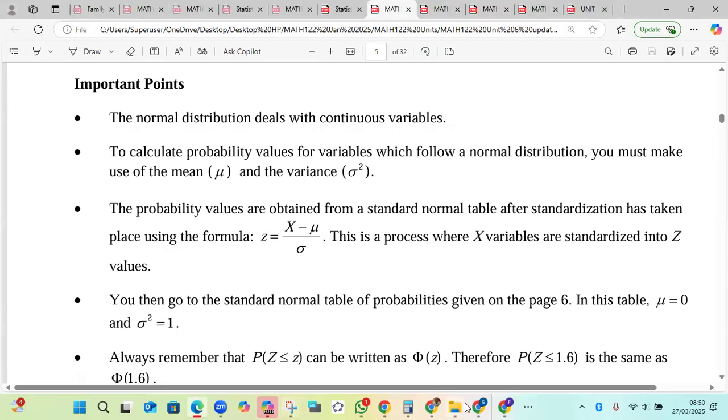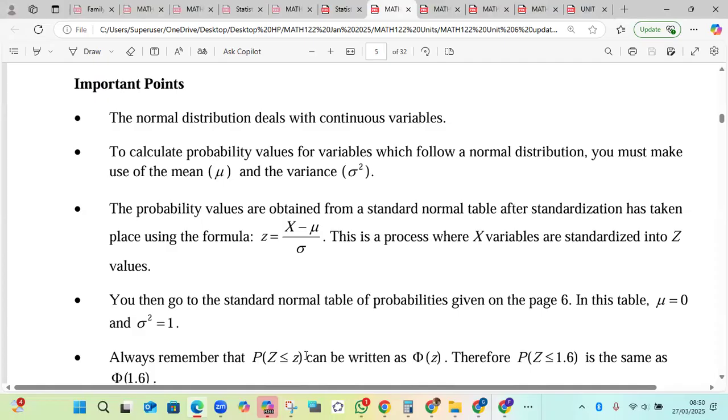You always remember that P of Z less than or equal to z can be written as phi of z. So phi of z is just another shortcut notation for P of Z less than or equal to z. Apparently, the statisticians don't like to write too much for a particular concept. So instead of writing P of Z less than or equal to z, you just write phi of z.